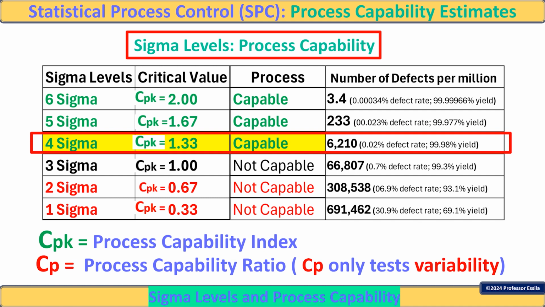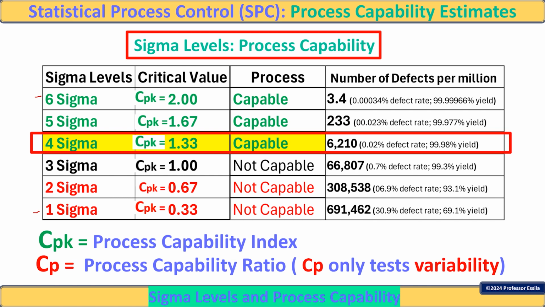Okay, so now sigma levels and process capability. Let's see how this works. This table shows critical values associated with sigma levels from 1 to 6. These values are thresholds for the process capability index. A higher sigma level indicates a more capable process.